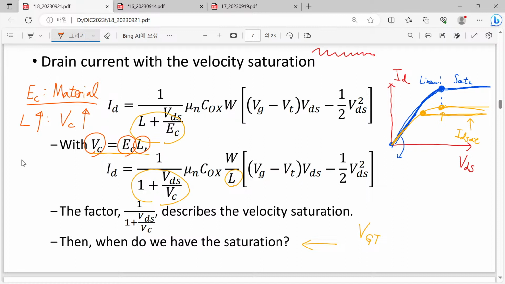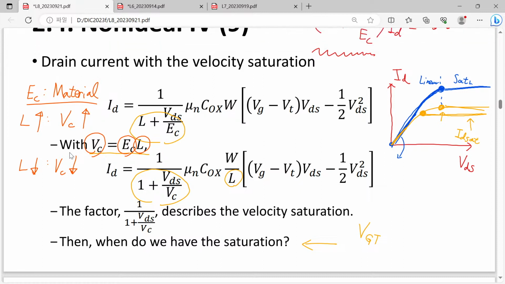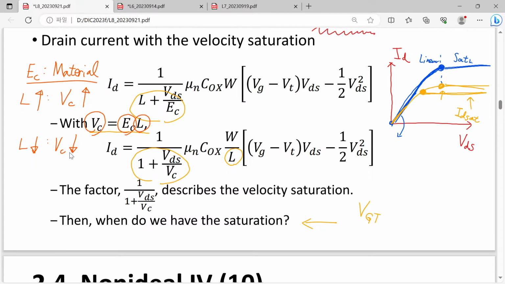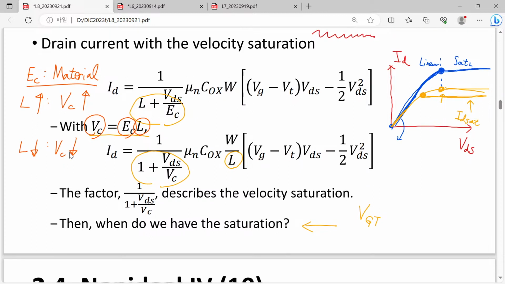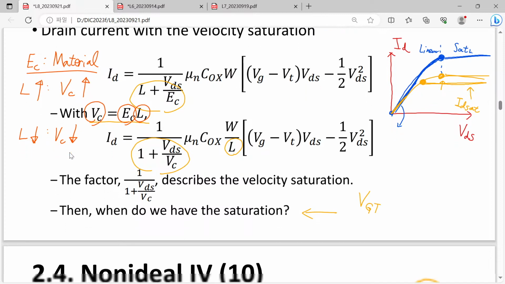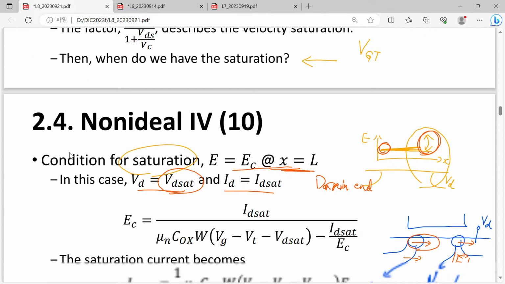When you have an extremely short device, you will have a quite low critical voltage. So please keep in mind that critical voltage is a device quantity, not a material quantity. According to the channel length, you can have different numbers.